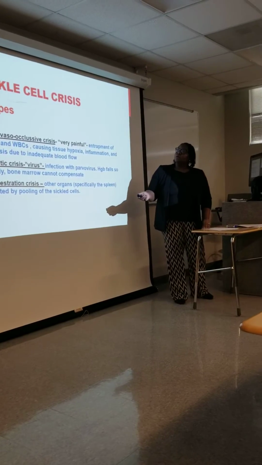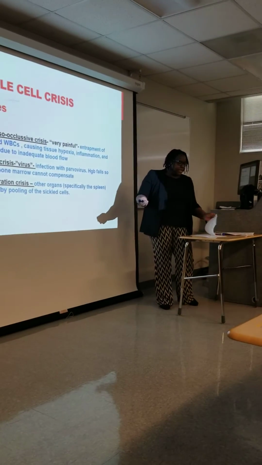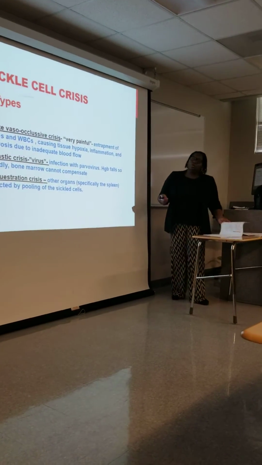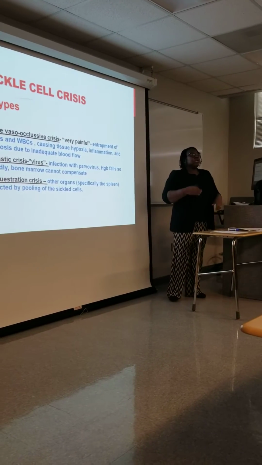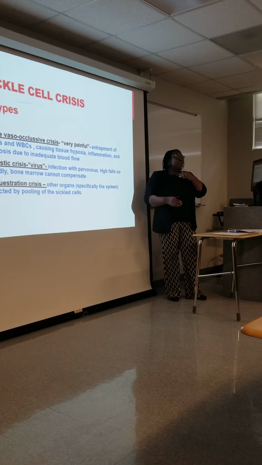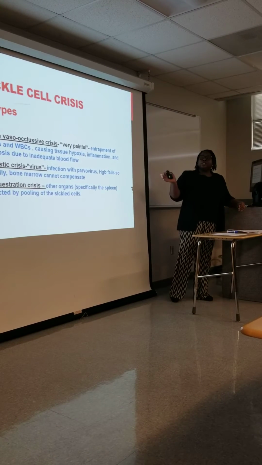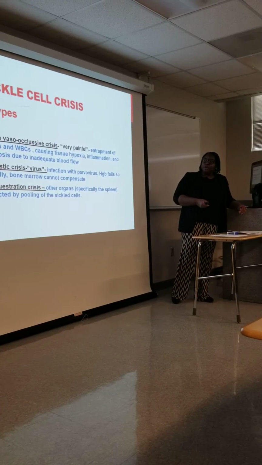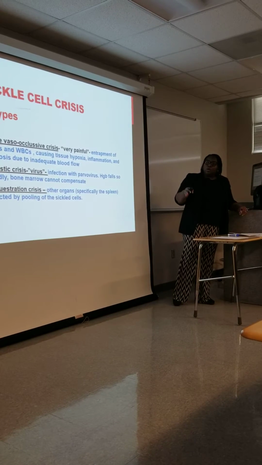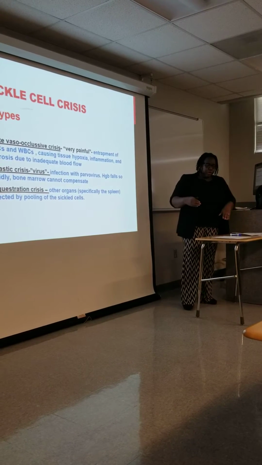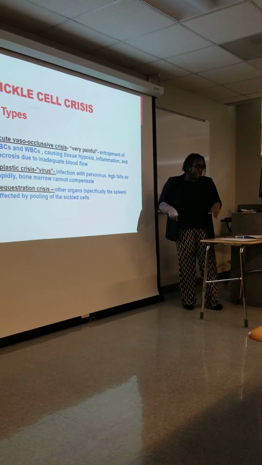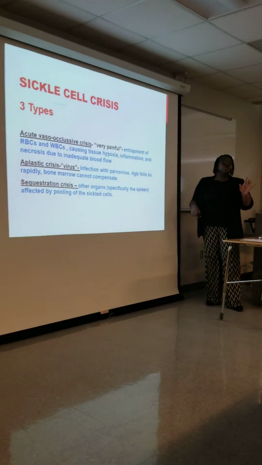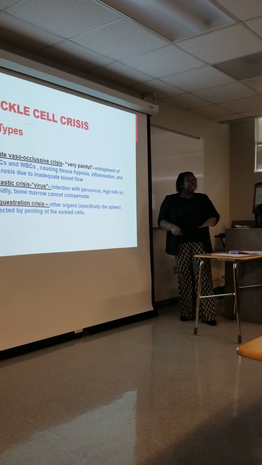All right, so these are the 3 types of sickle cell crises. I mentioned sickle cell anemia as one thing, but we have 3 types of sickle cell crisis here, and I will go into more detail as we go down the list. The sickle cell trait is the most benign.